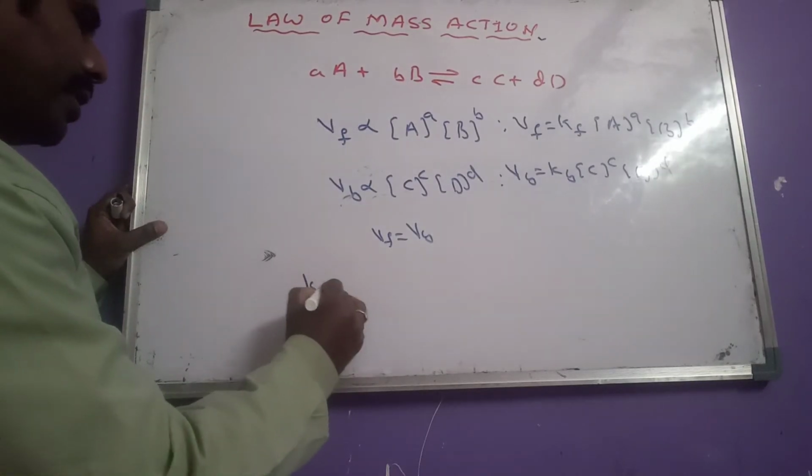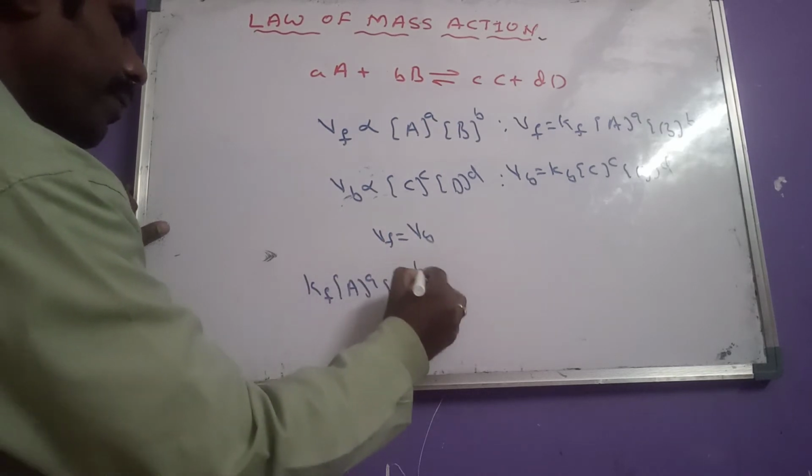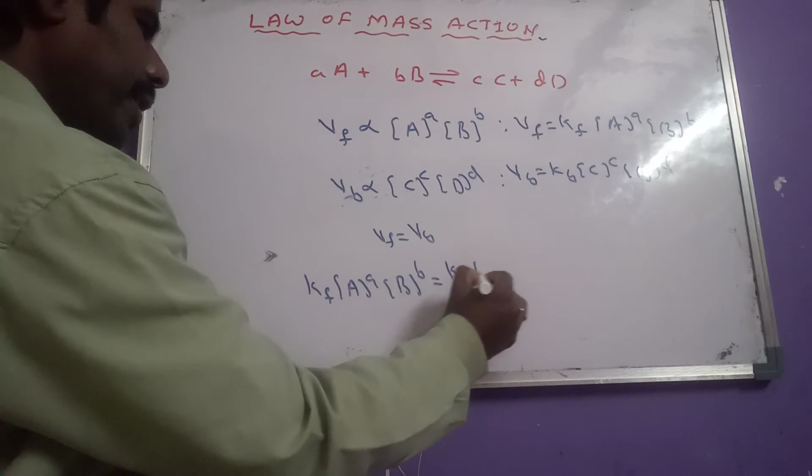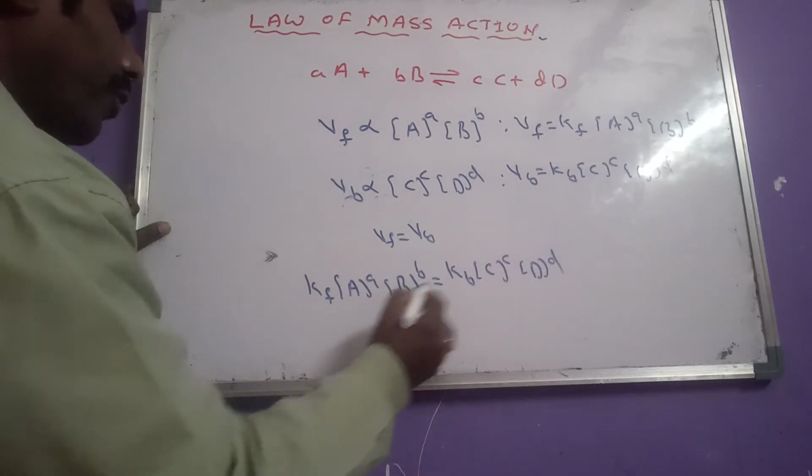That means we get Kf [A]^a [B]^b equals Kb [C]^c [D]^d.